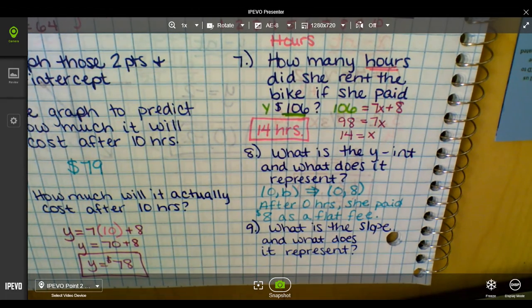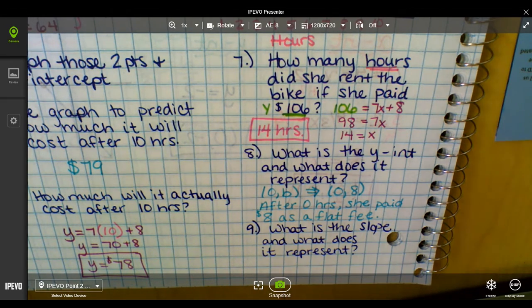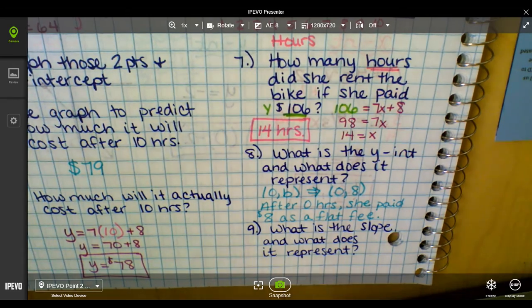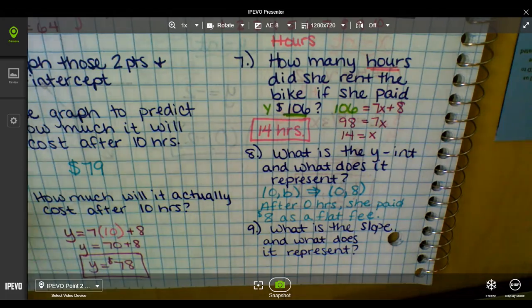So I just need you to relate this point to the problem. So after 0 hours, she paid $8 as a flat fee, or she just needed to pay $8 in order to rent the bike, or whatever you want to say. As long as it makes sense in terms of this problem, that's fine.